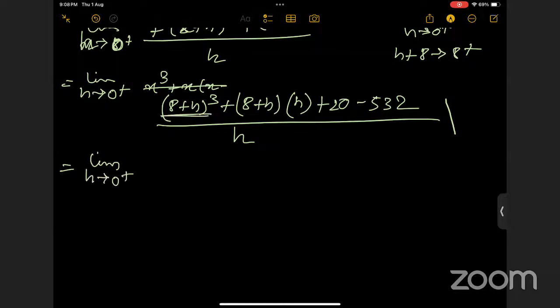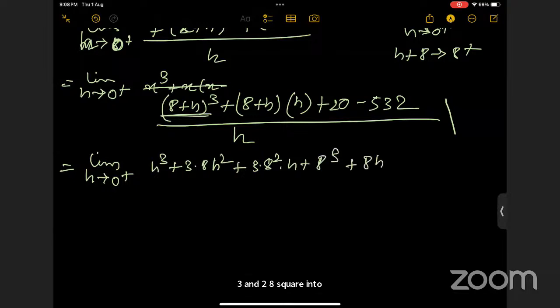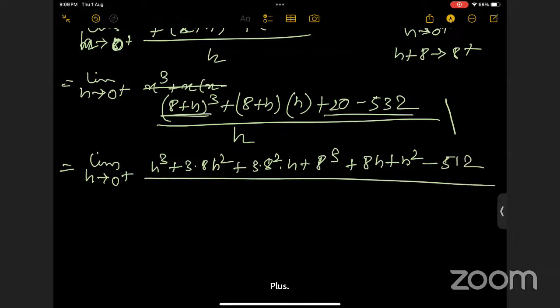We can break this function, right? h cube plus 3 into 8 into h square plus 3 into 8 square into h plus 8 cube, right? Plus 8h plus h square plus this term minus 512 by h.